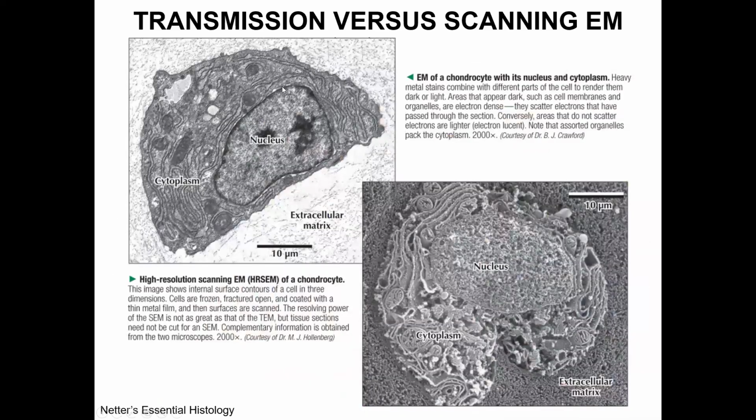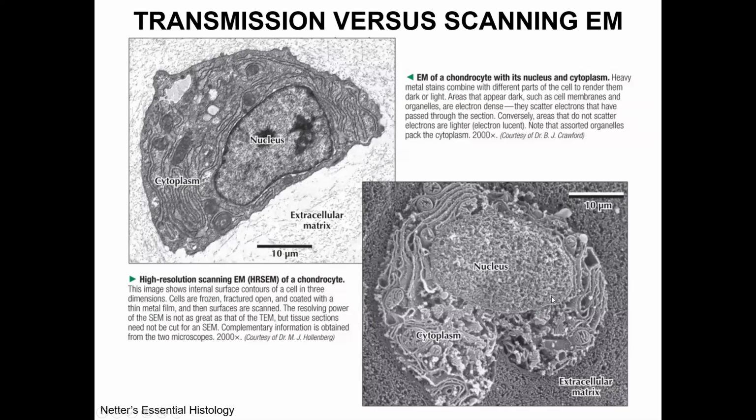And this is a comparison of a transmission electron micrograph of a chondrocyte, and this is a scanning electron micrograph. And you see the three-dimensional structure of the organelles, of the structures that are present inside the cells.